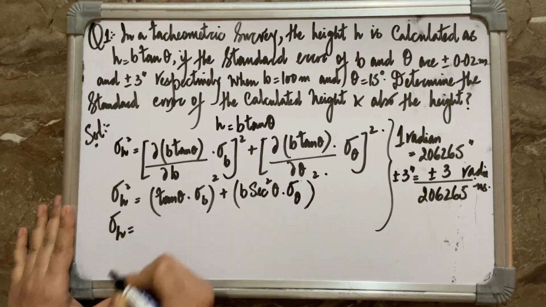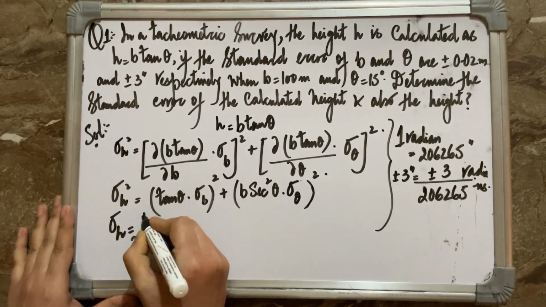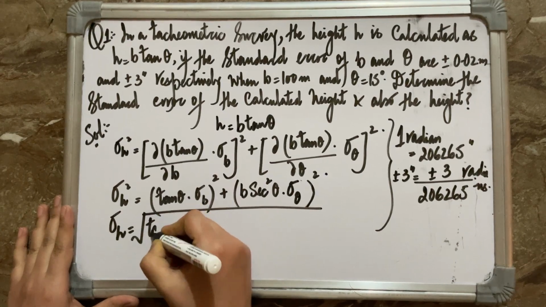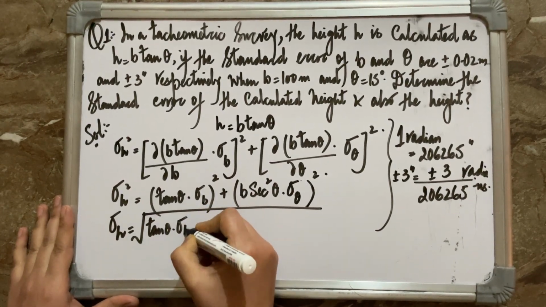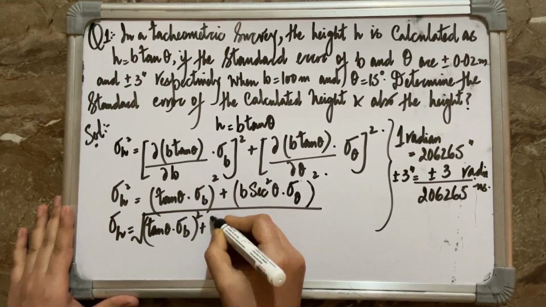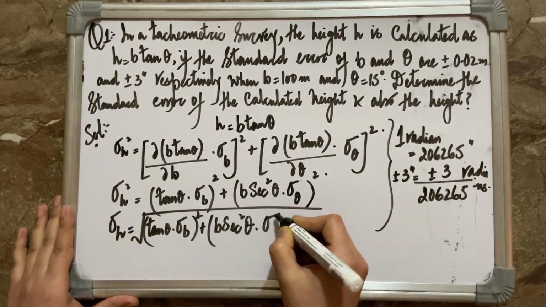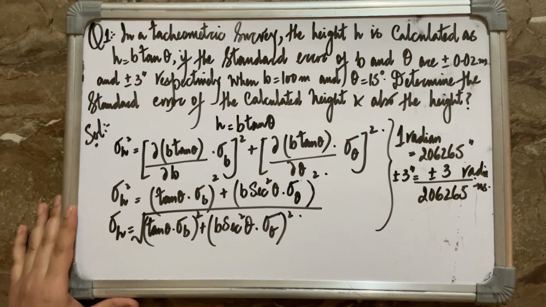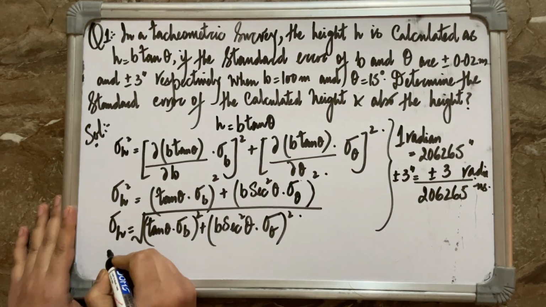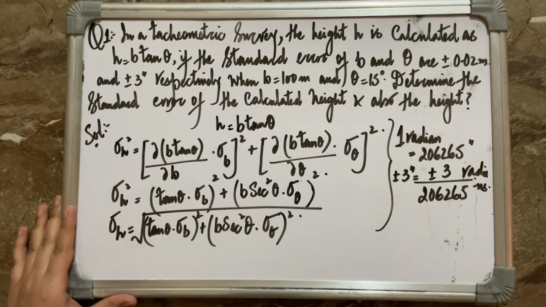All right, so let me substitute the values. Sigma h is equal to under root of tan theta sigma b square of it plus b secant square theta sigma theta square of it. Let me wrap it first and then substitute the values.